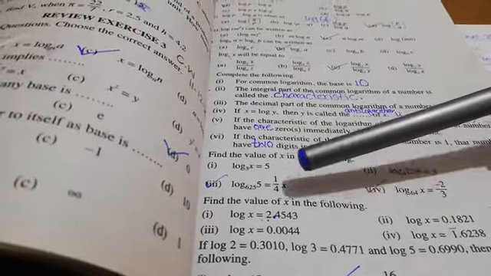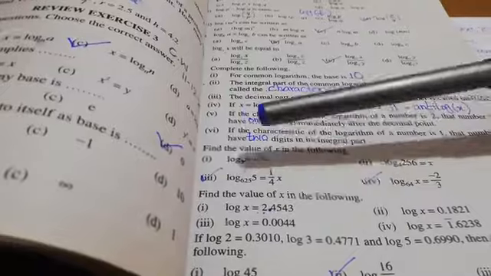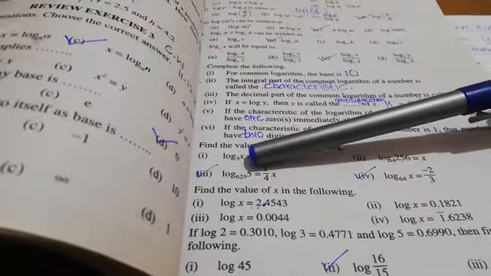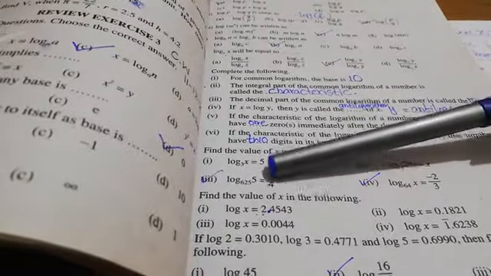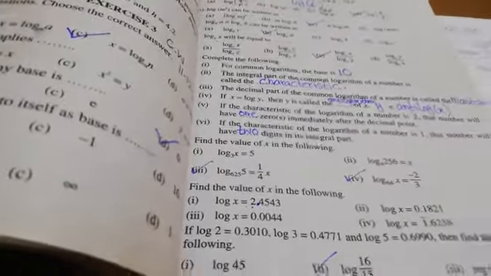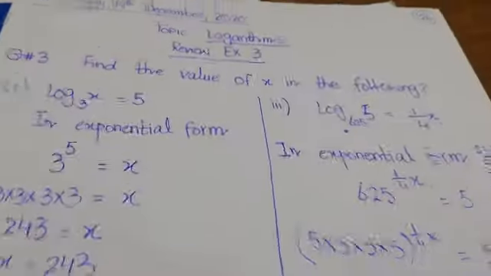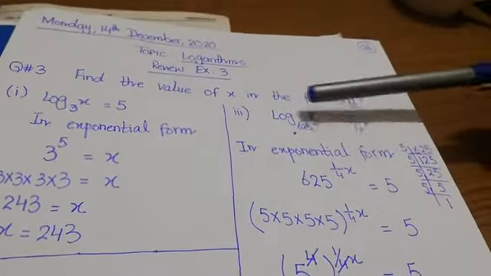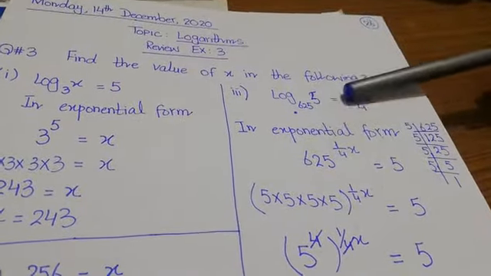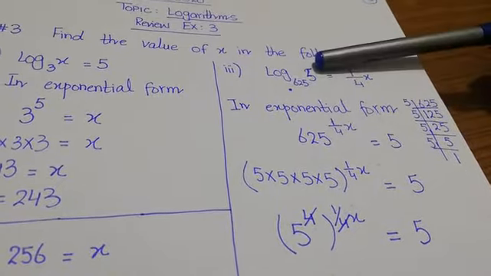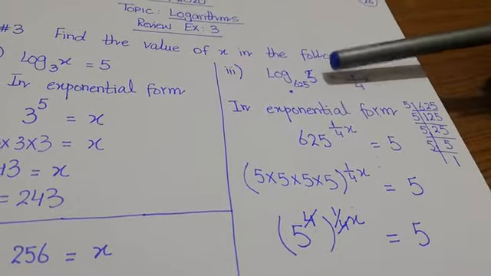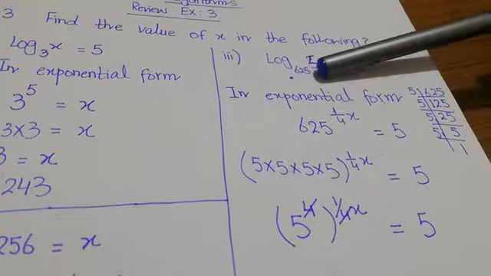So let's see the solution of part number 3. Here is part 3. Log of 5 base 625 is equals to 1 by 4x. And we have to find the value of x. Again, the first step is to convert this logarithm form into exponential form.